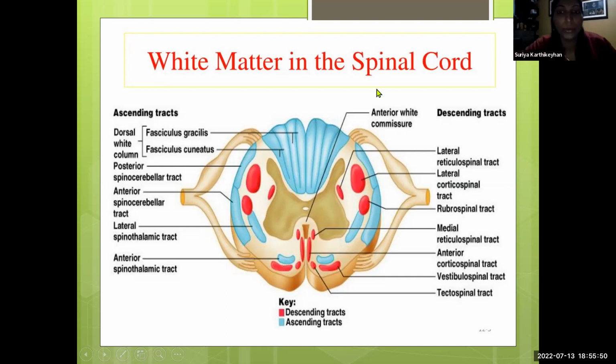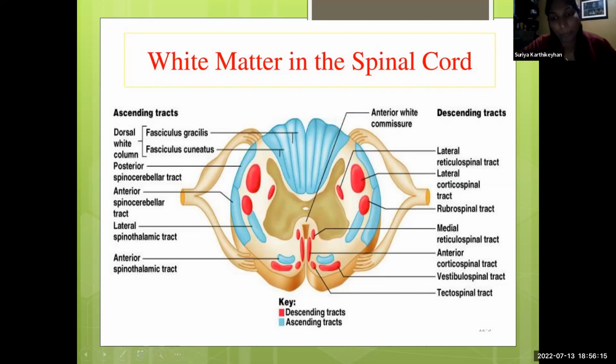Whenever a tract reaches the cerebellum, it is mostly concerned with unconscious things. Unconsciously we do certain movements, and these are mediated by the cerebellum, whereas conscious proprioception is mediated by the cerebral cortex.